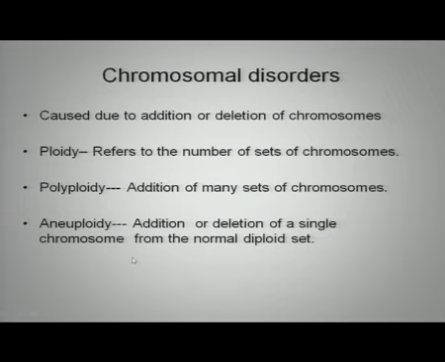Suppose the 21st autosome is added again, then we will become 47, 2n equals 47. We can represent it as 2n equals 46 plus 1, because one chromosome alone is added here in the normal diploid set. Similarly, if one chromosome is removed, deleted, then also we will call the condition aneuploidy.